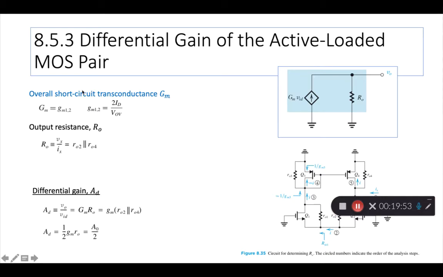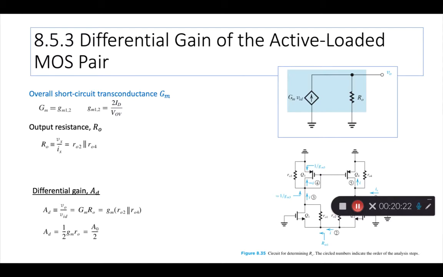Okay. Alright, so now we move on to, so we looked at 8.5.2 so far. We learned that the gain can still be saved, still have a higher gain. Now in 8.5.3, we'll find the differential gain of the active loaded MOS pair.